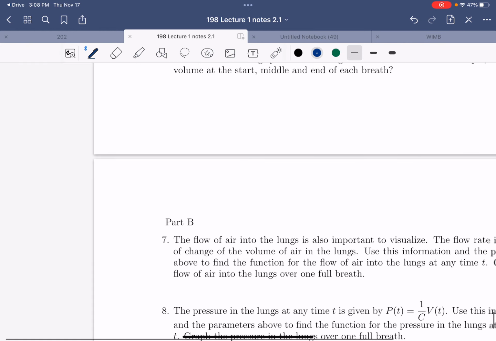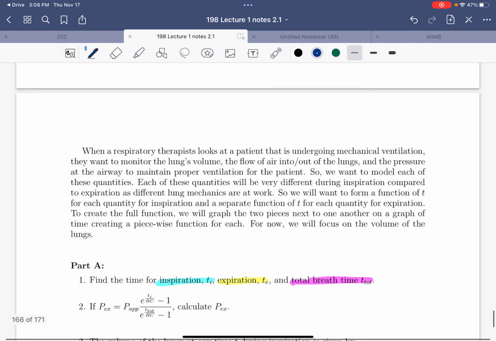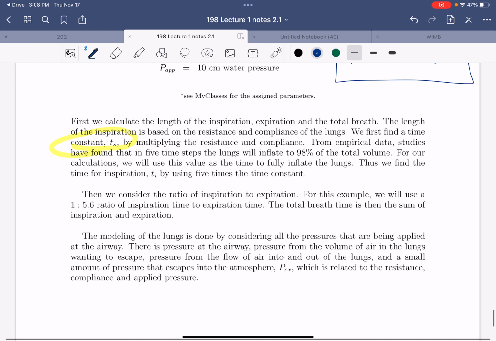Then, what does it say next? It says, from empirical data, studies have found that in 5 time steps, the lungs will inflate to 98% of the total volume. For our calculations, we'll use this value as the time to fully inflate the lungs. So the time to fully inflate the lungs is your TI, and it's 5 time steps.